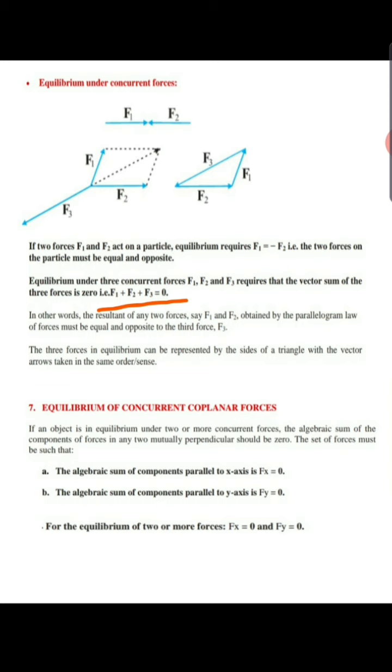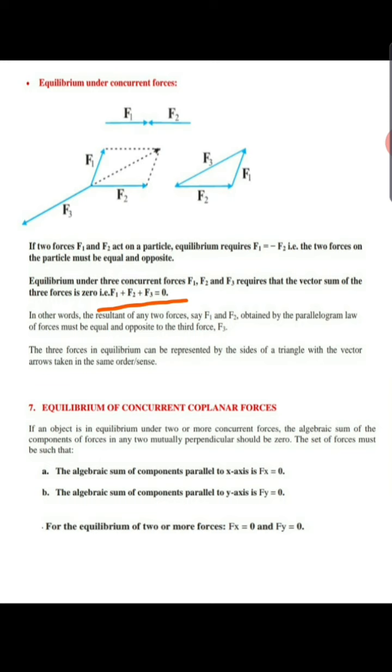We can stick to the x and y directions. That means the forces should be balanced in x and y directions separately. The algebraic sum of forces in the x direction should be equal to 0 and the algebraic sum of forces in the y direction should be equal to 0. Then only we can say that the particle is under equilibrium.